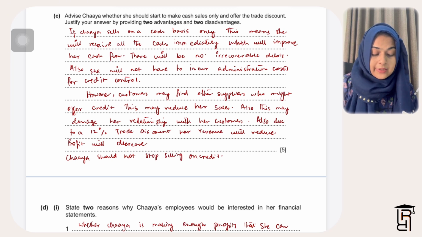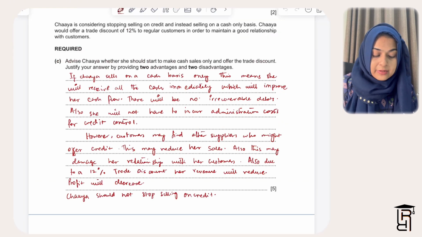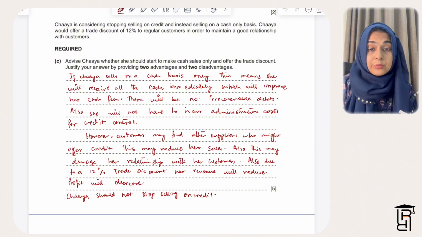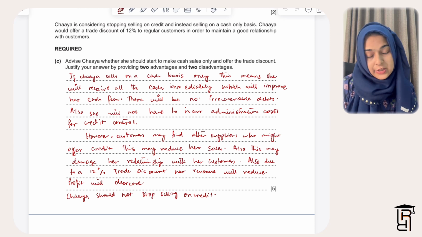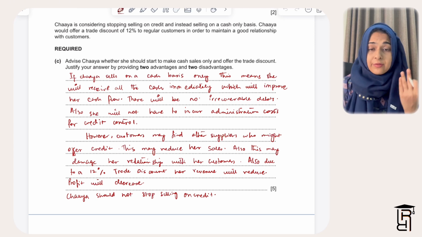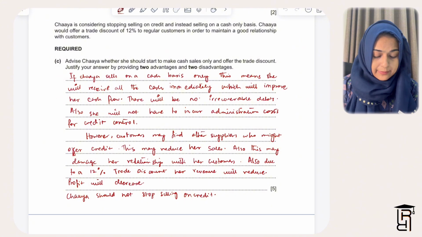Then I have written here, this may reduce her sales. Also, this may damage her relationship with her customers. Also, due to a 12% trade discount, her revenue will reduce. That is true, because a 12% trade discount means that the selling price goes down by 12%. Profit will therefore decrease. Chaya should not stop selling on credit, which is my recommendation. You can have a different recommendation. That's completely up to you.